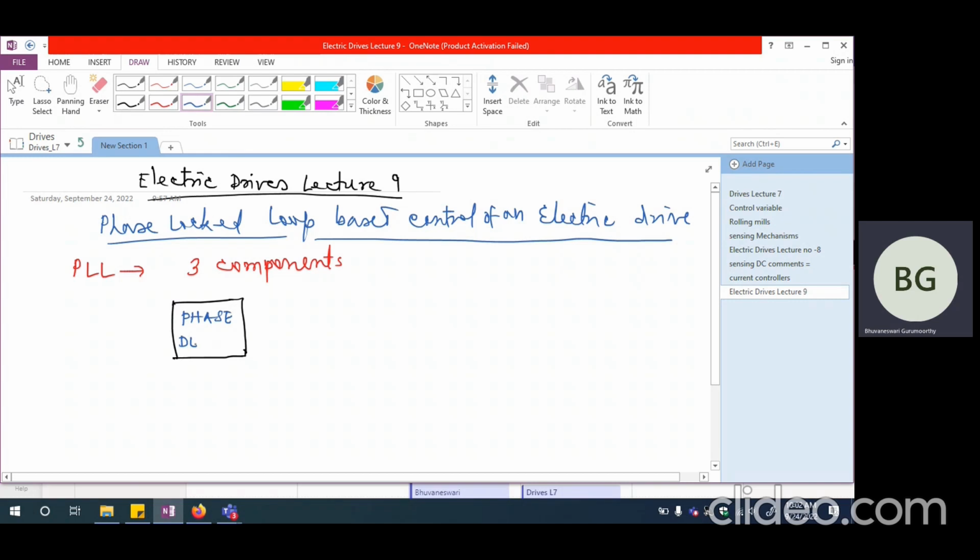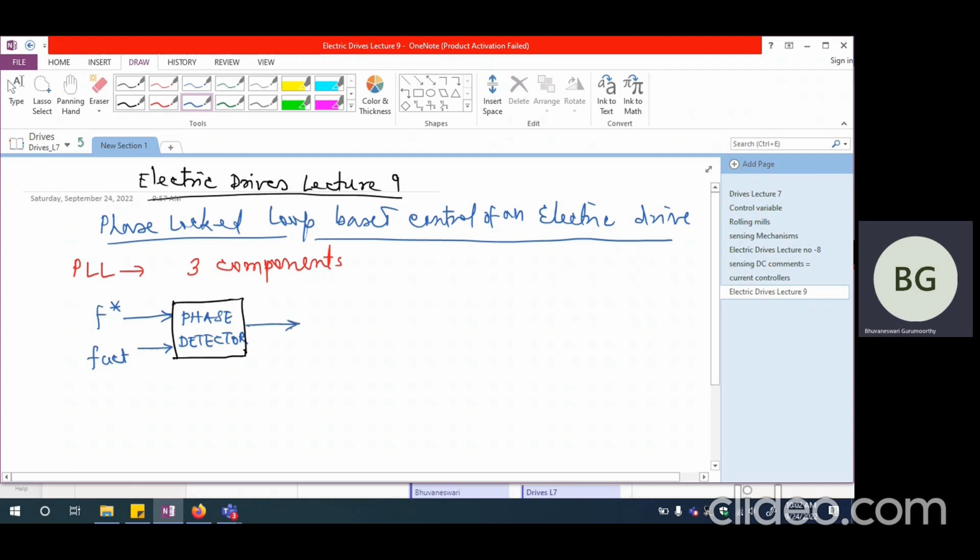To the phase detector, you're going to give a particular frequency that is to be tracked by the output signal. So the error between these two input signals, one is the reference signal, the other one is the actual frequency what you're outputting, the difference between these two is detected by the phase detector.